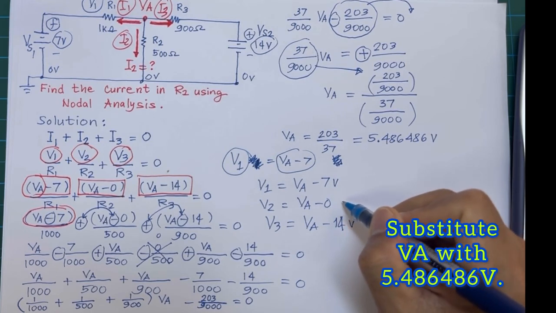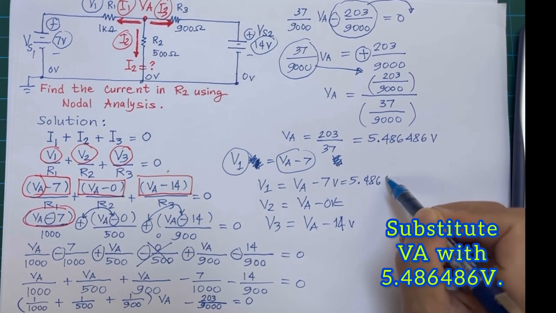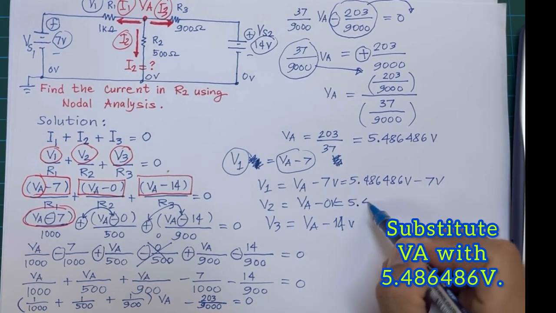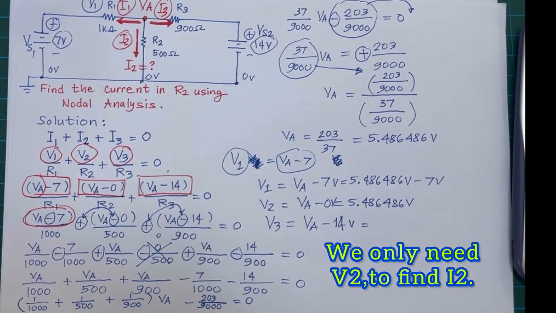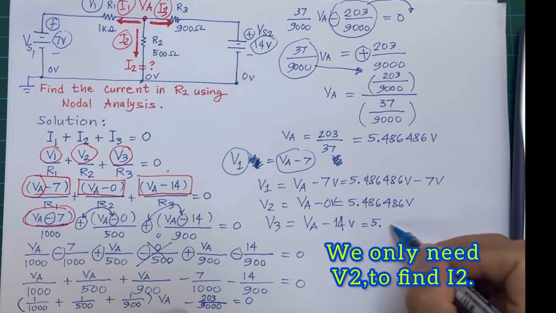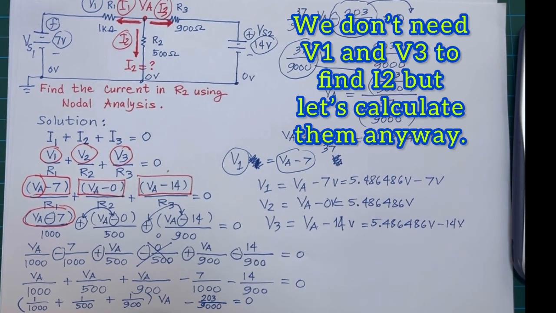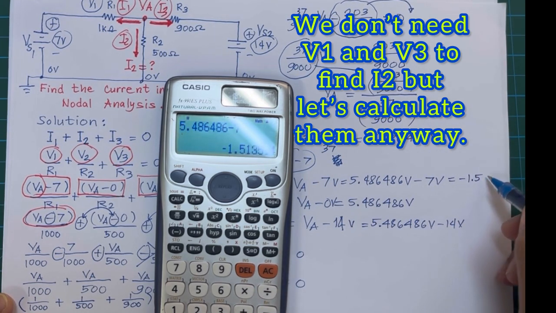And so, since we already know the VA, we may substitute VA with 5.486486 volts. And as you can see here, we will be able to get the V1, V2, and V3. Actually, right now, I already got the V2. We only need to find V2, not V1 or V3, but I might as well calculate them anyway.